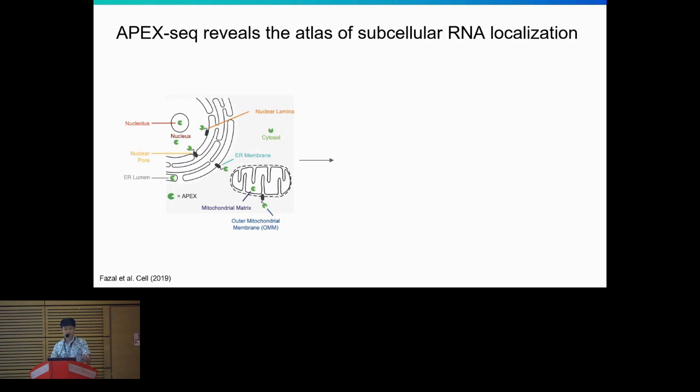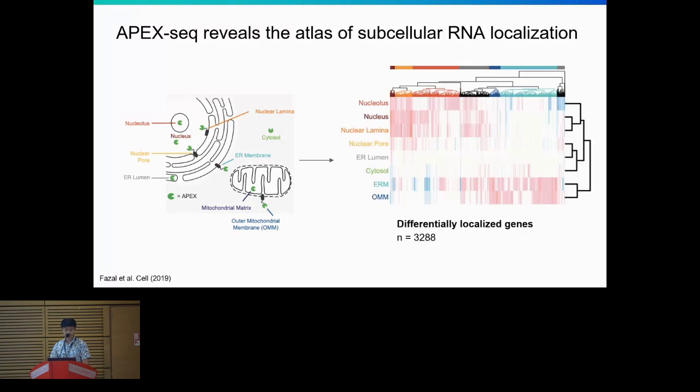And by biotinylating these transcripts, they're able to pull them down and sequence each fraction and look for enrichment at these various compartments. And from here, they've pulled out more than 3,000 differentially localized genes to one or more of these compartments, and have given us a little picture of what we might see at the subcellular level, as opposed to at the cell-to-cell variation level.